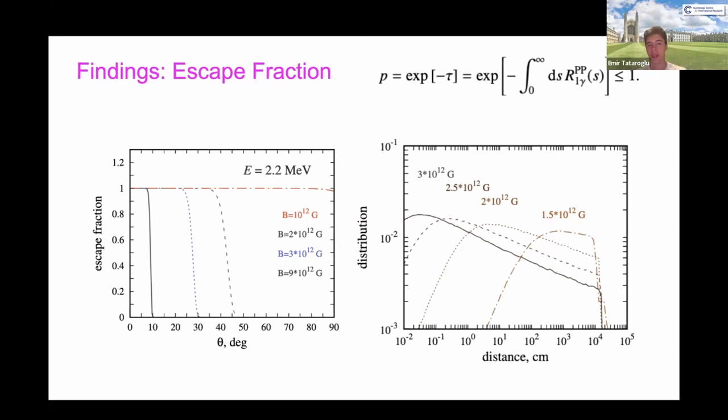So we see that the vast majority of photons don't escape at an initial angle of less than about 60 degrees, depending on the magnetic field, and after that they all escape. It's really based upon the time the photon spends close to the neutron star, because everything happens there. It drops off really fast.